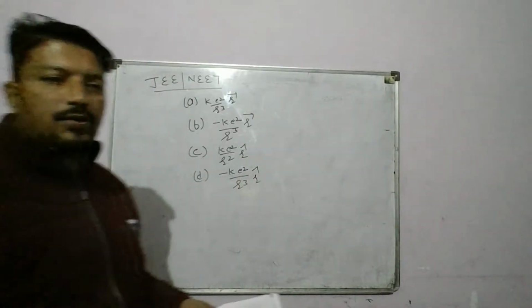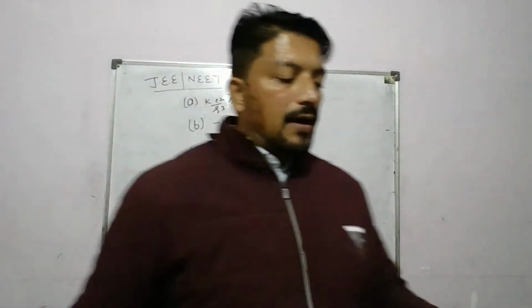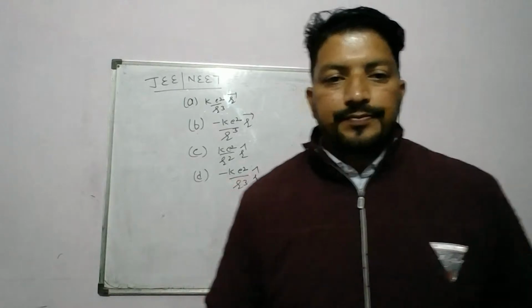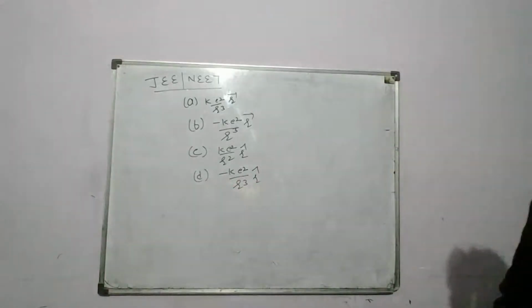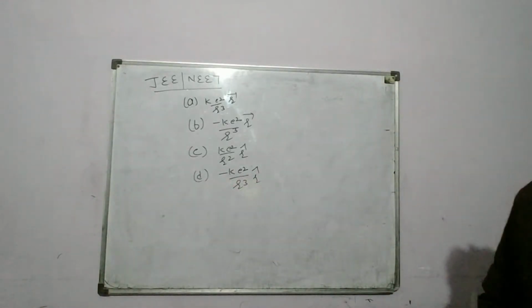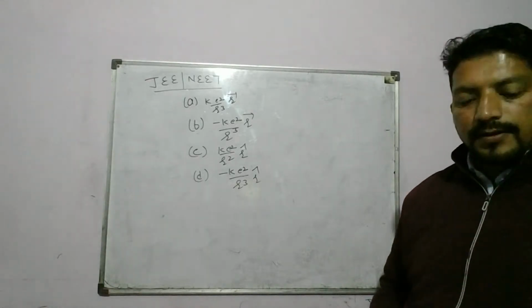Mean the electron is moving around the nucleus of hydrogen atom in a circular orbit of radius r. Then what is the Coulomb force? So you know the charge. You see all the options. Charge on the hydrogen nucleus is plus e and charge on the electron is minus e.